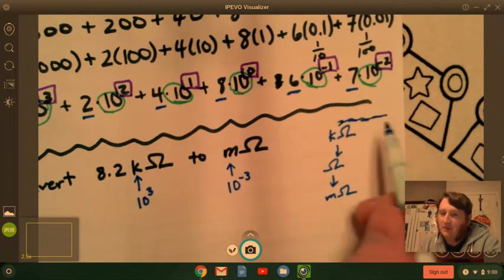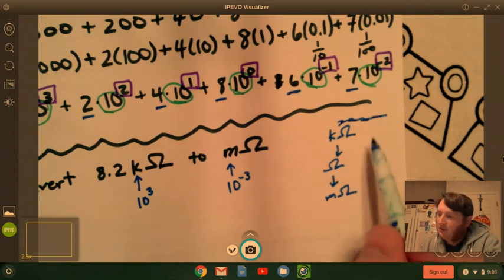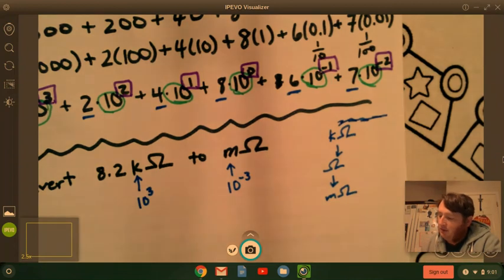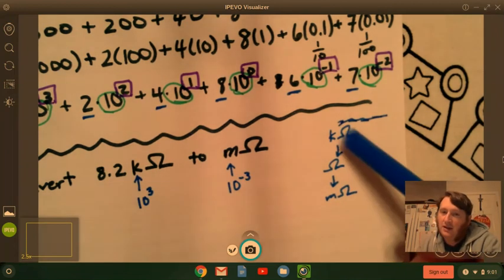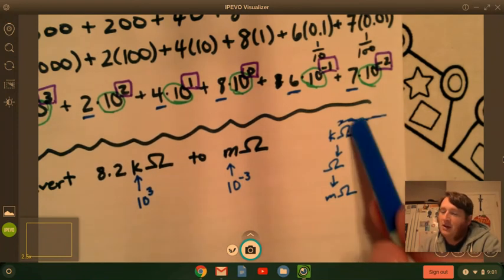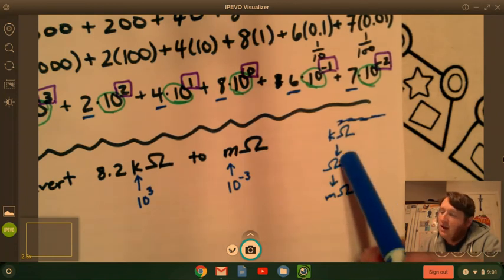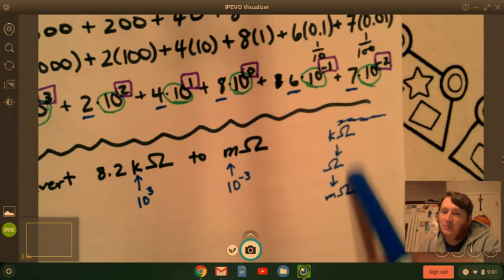That's kind of like what we're getting at. Whereas this is, it takes 1,000 of these to even make a regular base unit ohm. So really, we have moved in terms of place value and just counting the decimal places in the number. We've multiplied by 1,000 or moved the decimal point 3 places to move from here to there. And we've done that again to move from ohms to milliohms.